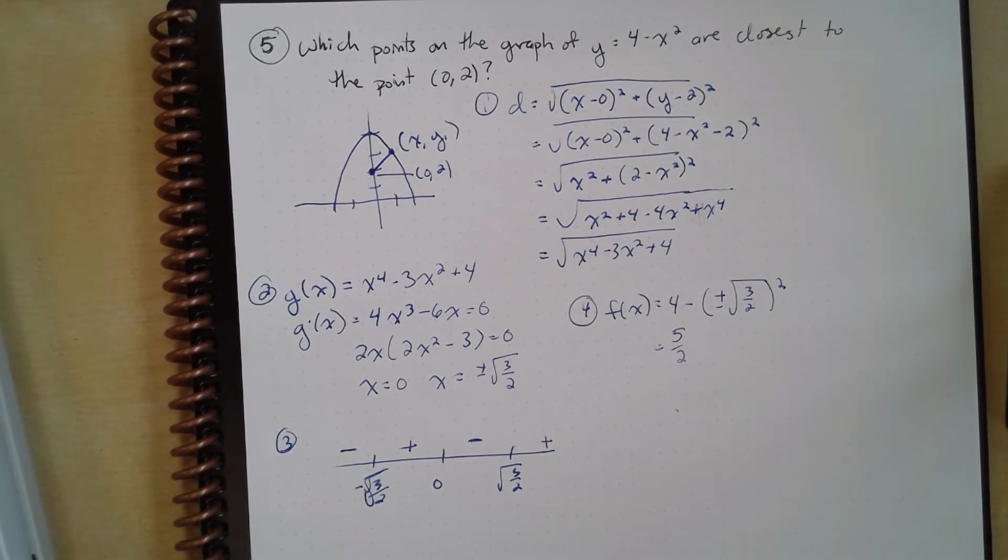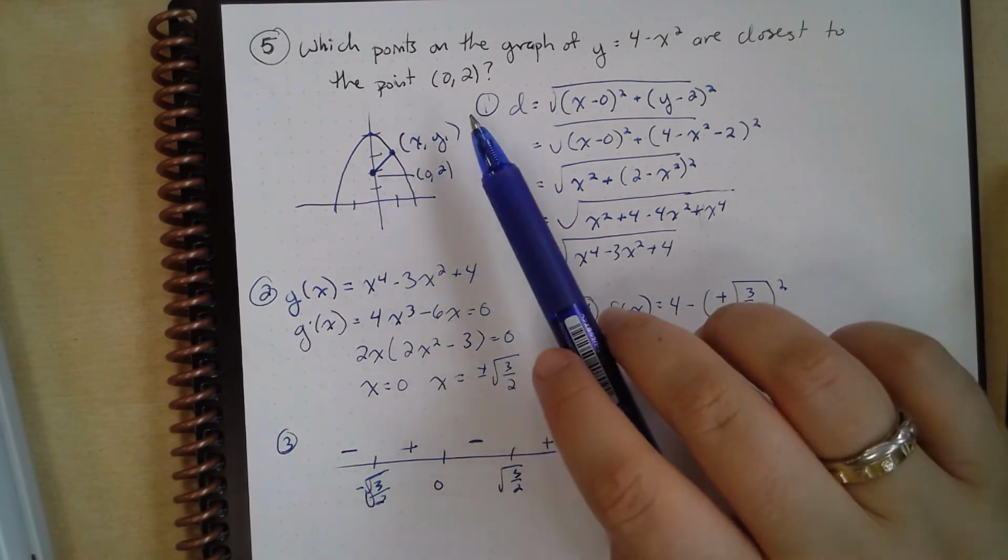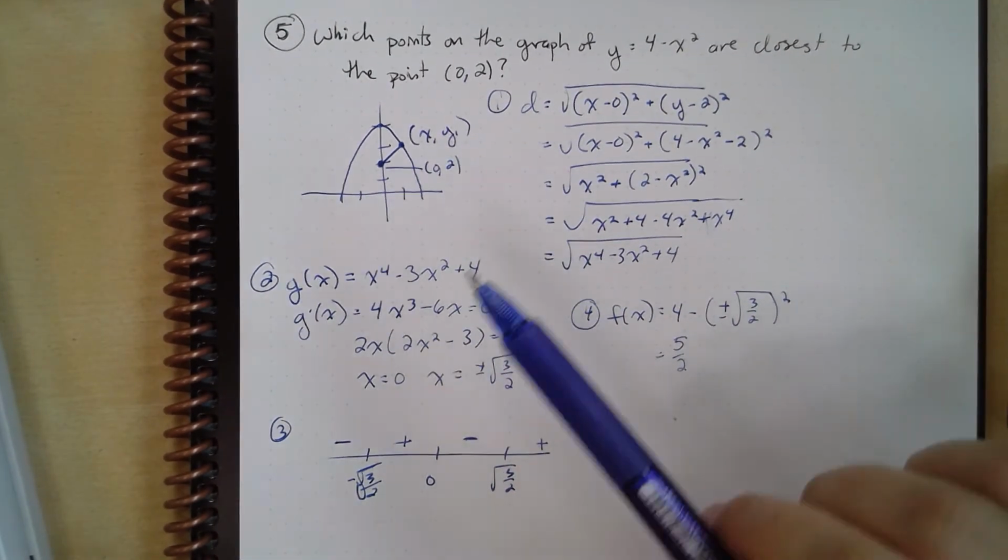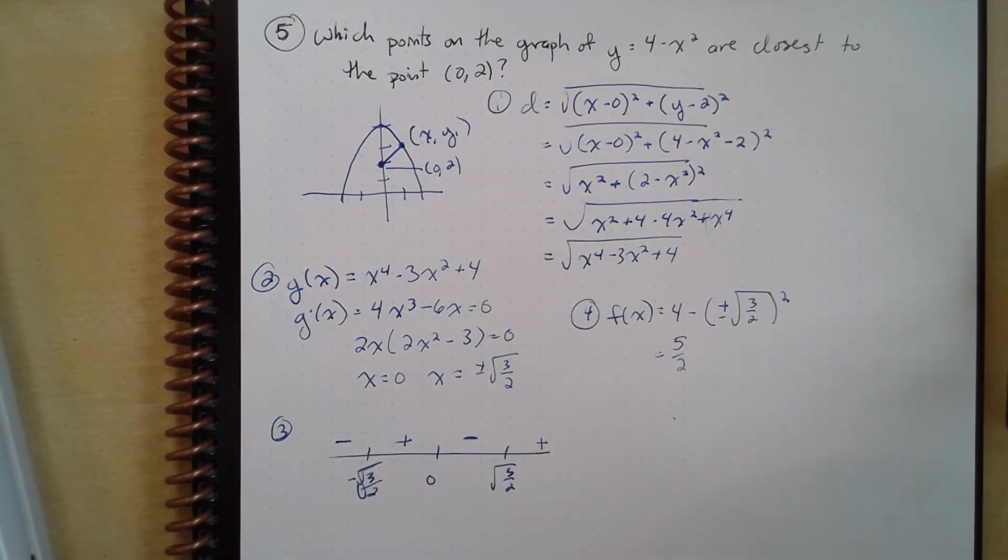Okay, so where is the graph closest to the point 0, 2? Well, we can't just use 0 because it is at 0, right?